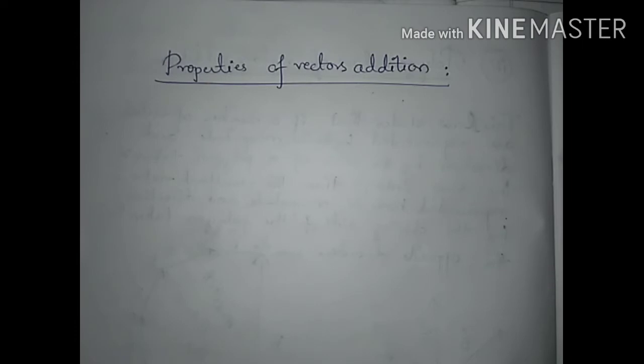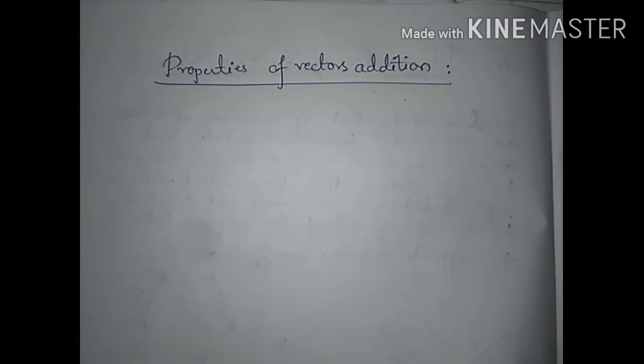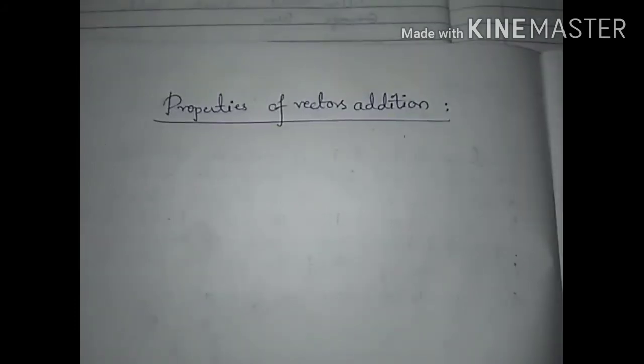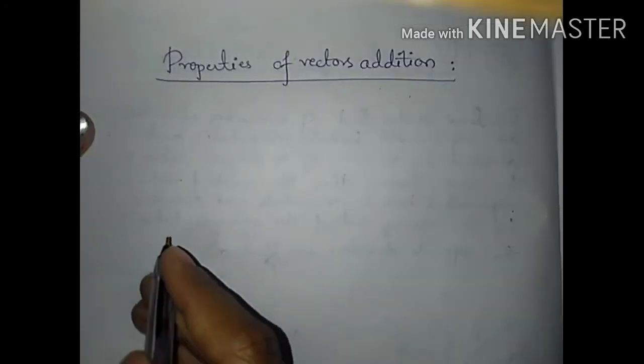This question can be asked as: state the properties of vector addition. To understand how the vectors are added, there are basically three properties. First is vector addition is commutative, second is vectors addition is associative, and the third is vectors addition is distributive. So which are those?